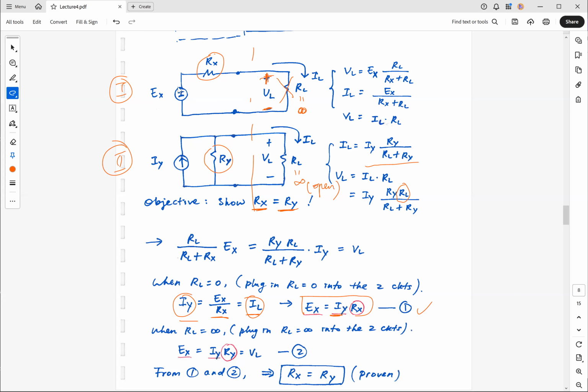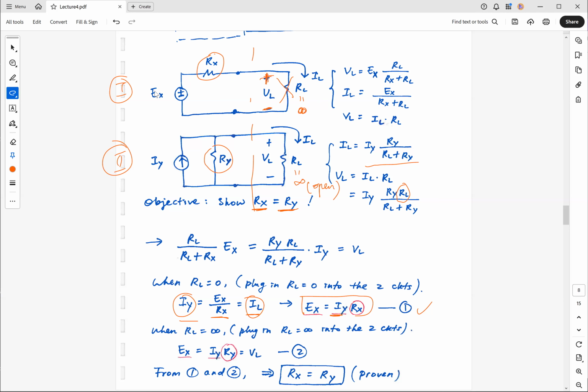So why is this equal to EX? Well, if this RL is an open, that means no current is going through this open. In other words, IL is equal to 0. If IL is equal to 0, there will be no voltage drop across this RX because there's no current passing through this RX.